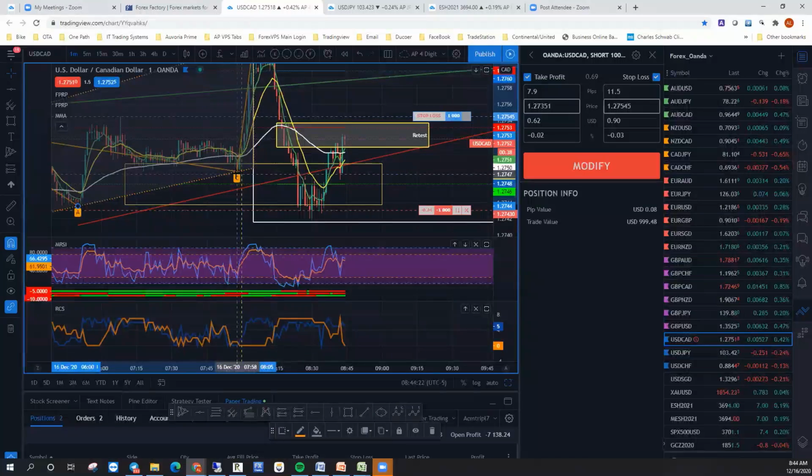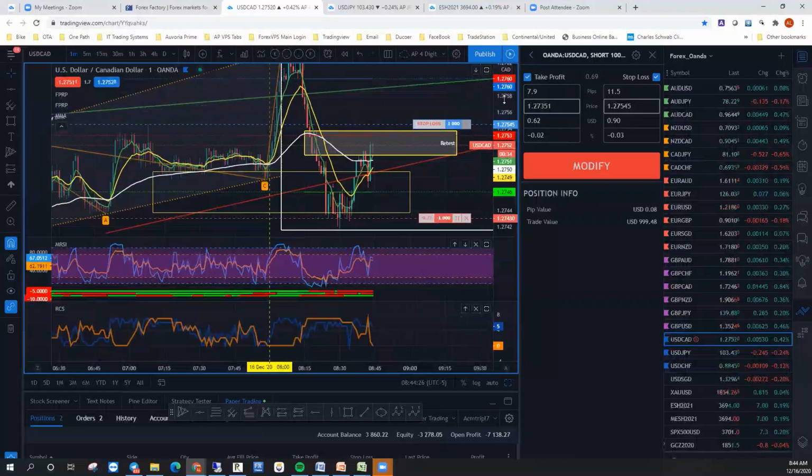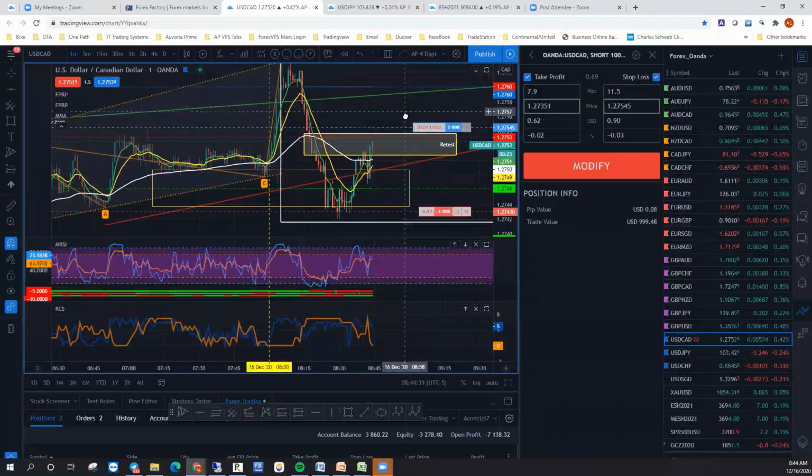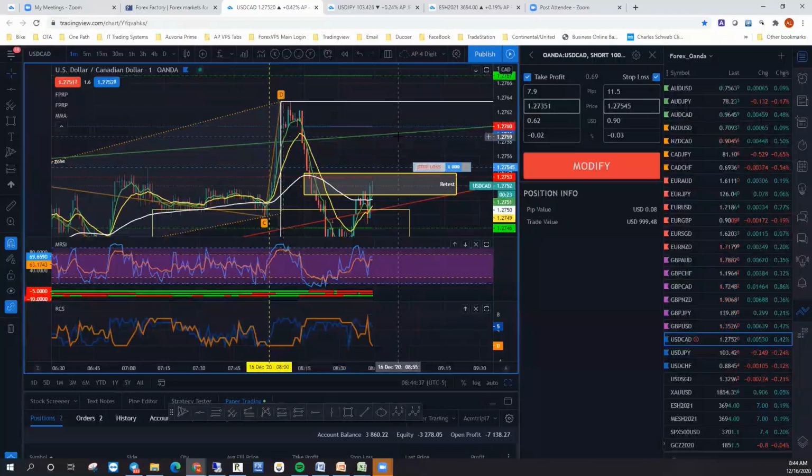The RCS is 5 for the US and 0. The other indicators just flipped again, but I think it's going to respect the top of this, though.